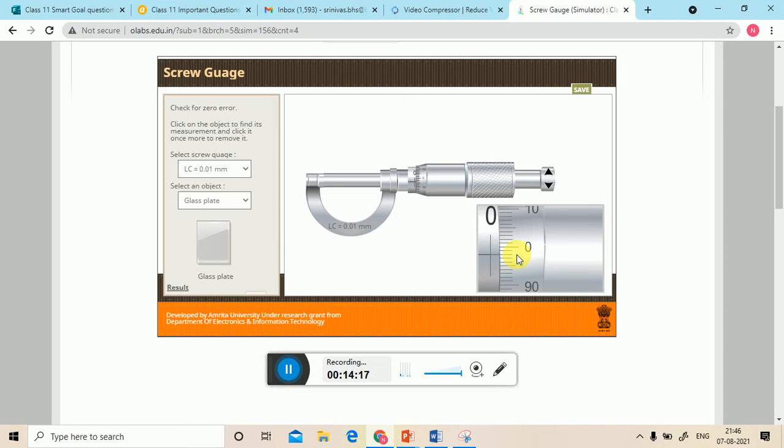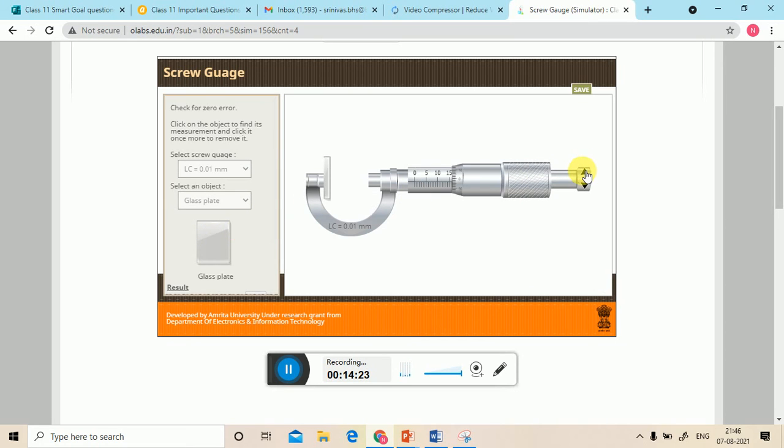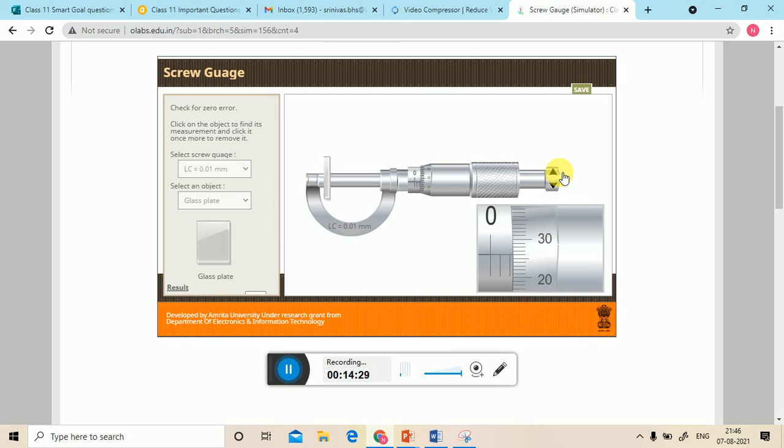And now let us proceed by placing this glass plate in between the screw and the stud. Once it is in contact with this glass plate, we will get the readings readily. So here pitch scale reading is 2 and head scale reading is 25, 26.